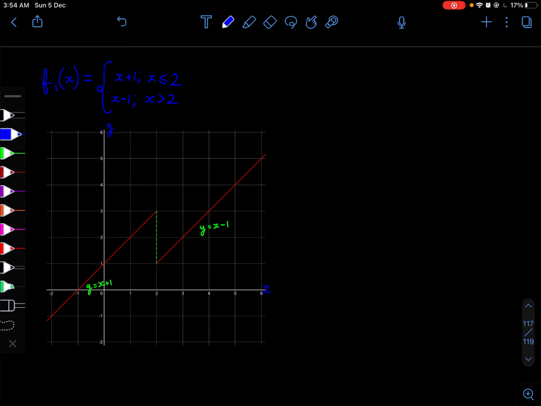Because the point of interest here is 2, we're trying to check if f1 of x is differentiable at x equals 2.